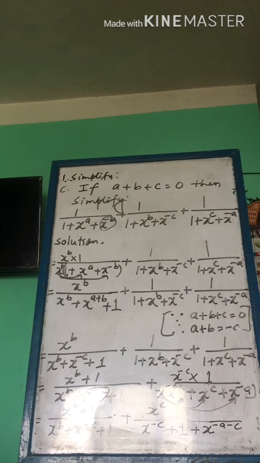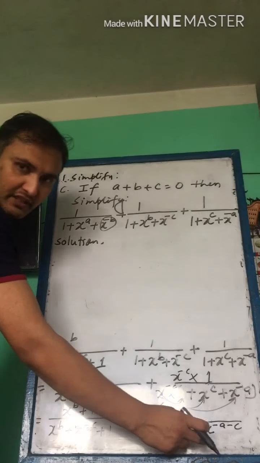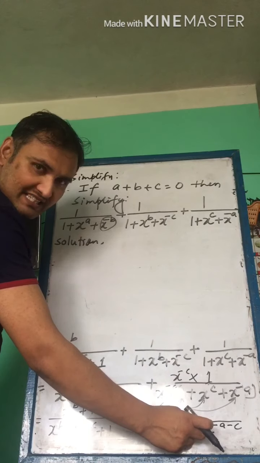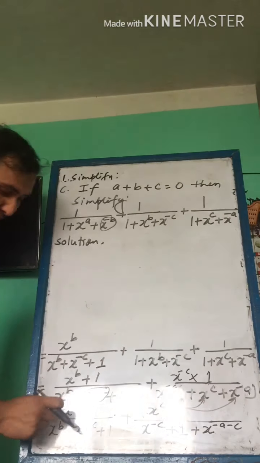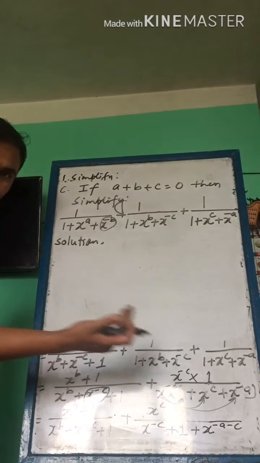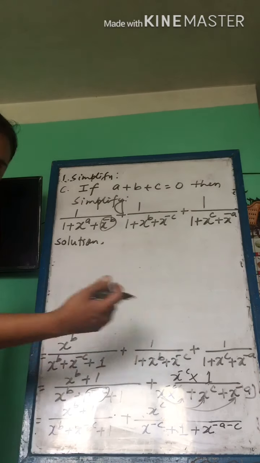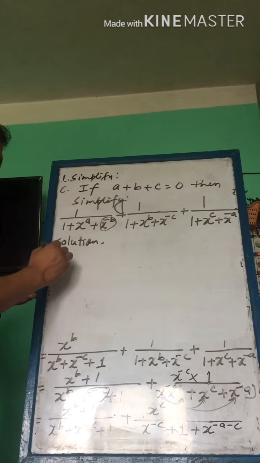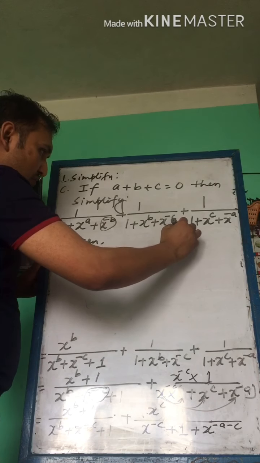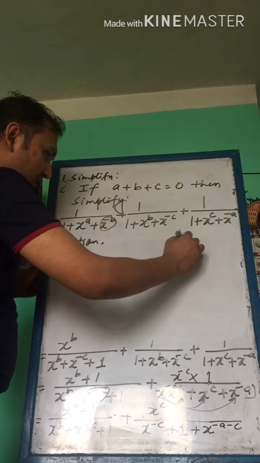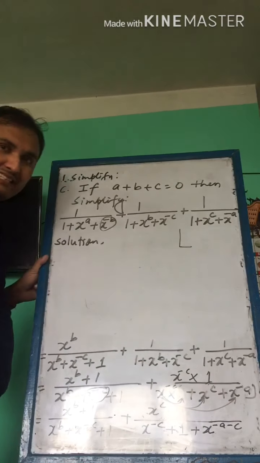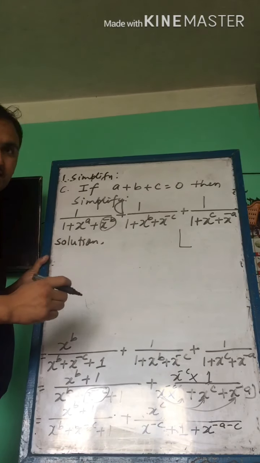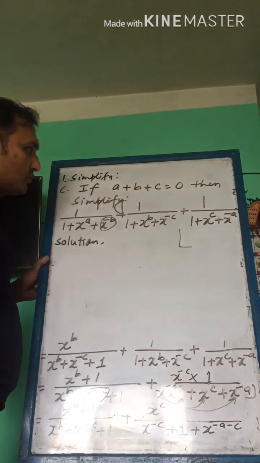All are same, no? x to the power minus c is there, 1 is also there. Now x to the power b should be there, no? So we have to replace this power by b. Then they will have the same denominator. Okay, let us do it. Now before knowing that, let me tell you one thing. Here minus a minus c is there. From the given condition, minus a minus c will be how much?